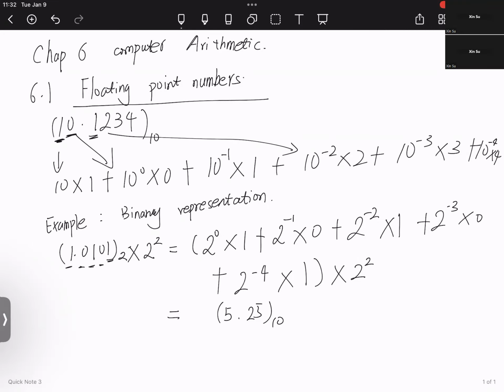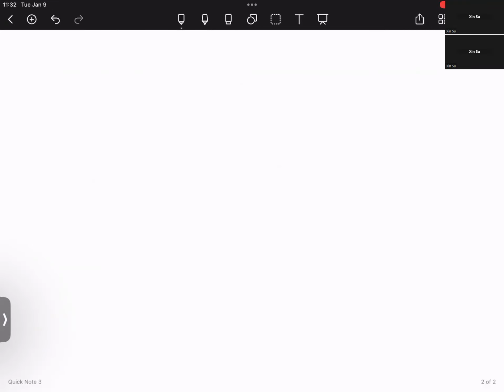So let us take a look at the general way to represent the numbers in scientific notation in terms of the binary representation. For any non-zero real number x, we can represent x in this way: plus or negative, because we can have a positive or negative number, so it has a sign in front of the number.